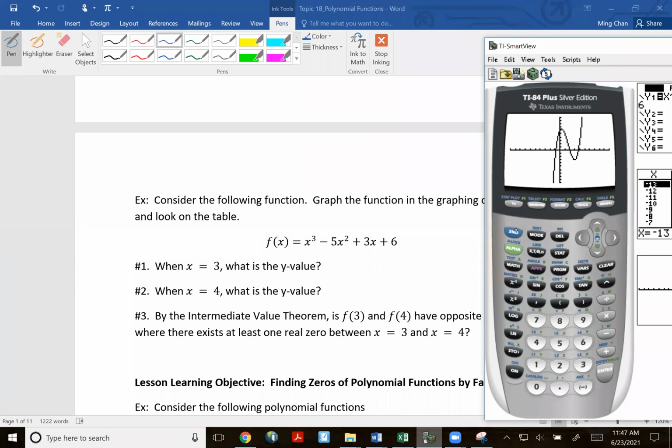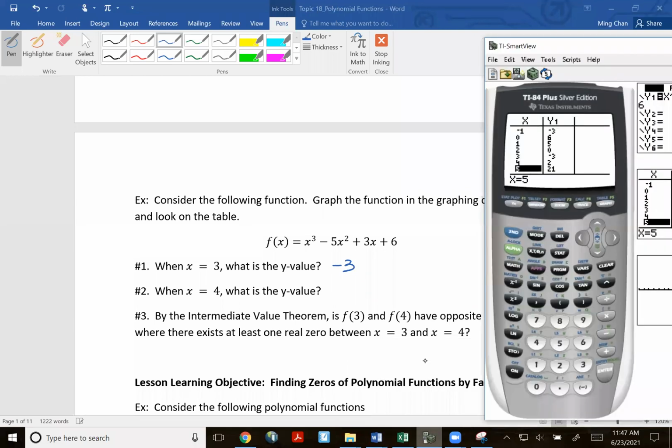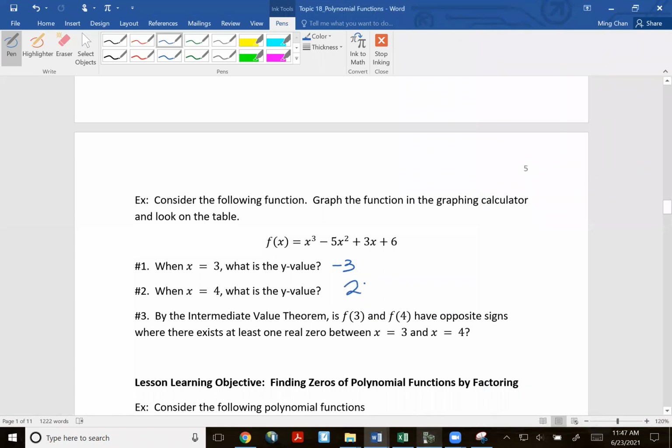I'm gonna go to my table. I'm gonna look up x equal to 3. And the y value is -3. When x equal to 4, do you see x equal to 4? The y value is +2. All right, so what's going on?